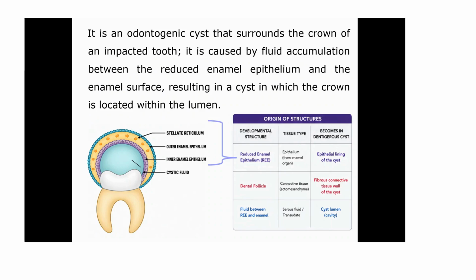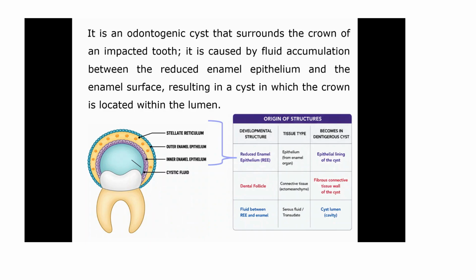Reduced enamel epithelium will form a layer just on the enamel. Then the dental follicle is placed outside of the reduced enamel epithelium, and in the dentigerous cyst, the fluid is collecting between reduced enamel epithelium and the enamel surface.